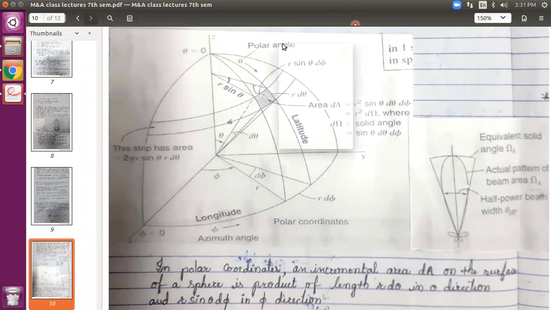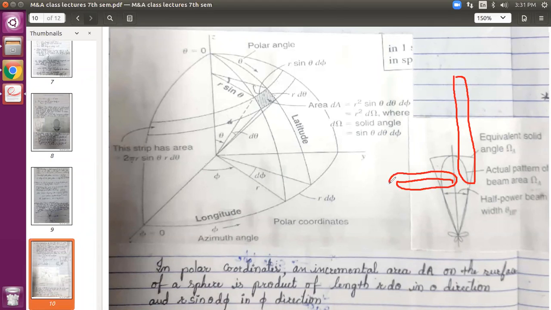How you can imagine this is, if you are standing somewhere like this, and this is your shadow on the ground, it is simply your projection on the ground.